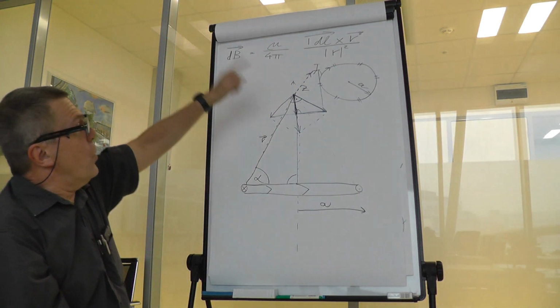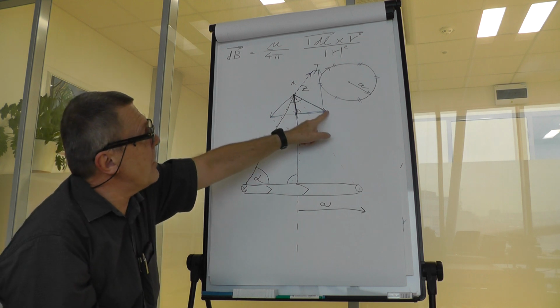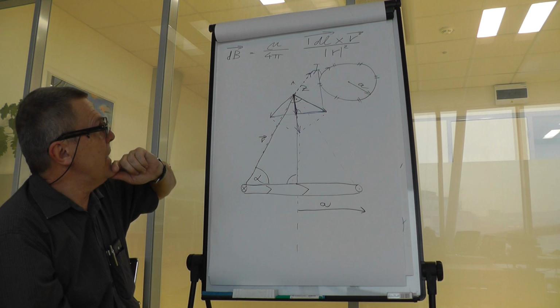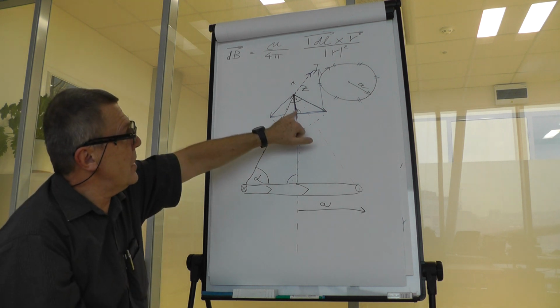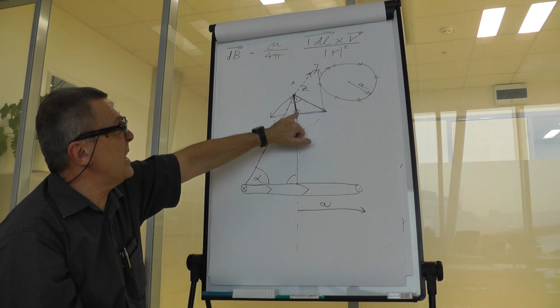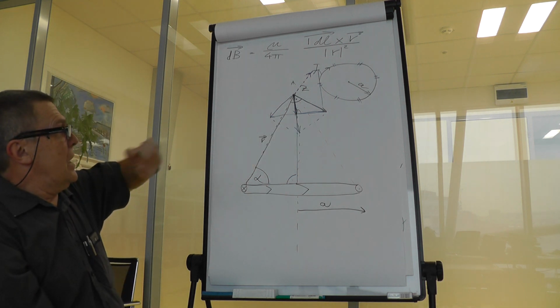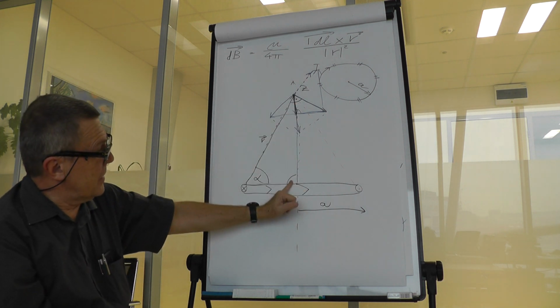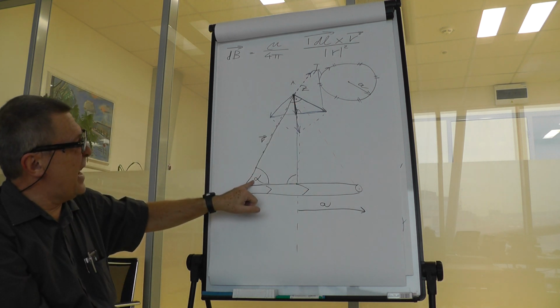Now we have here a triangle that has one angle which is the right angle. And we have the other triangle which has a right angle and the angle alpha.